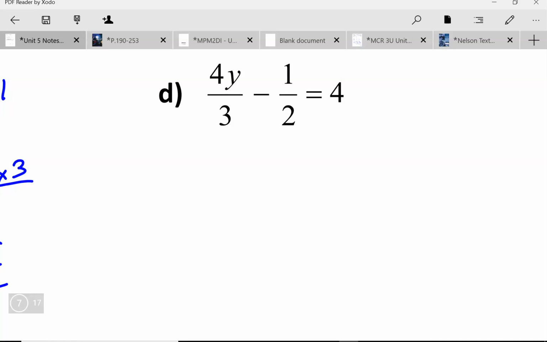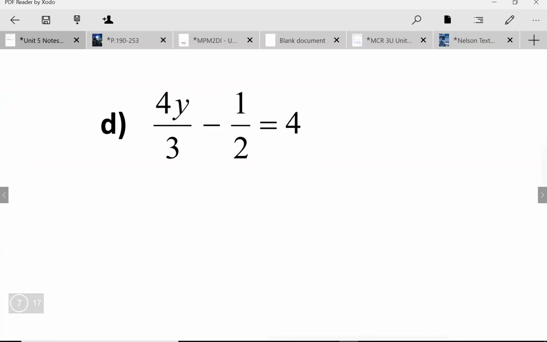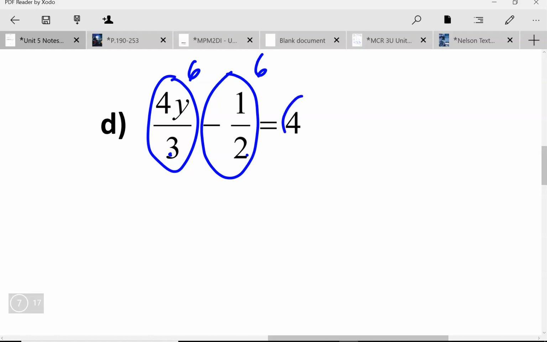So here, of course, one way you can do it is you can first multiply. The lowest common denominator between 3 and 2 is 6. So you multiply each term on both sides by 6. You multiply this by 6, this by 6, this by 6.